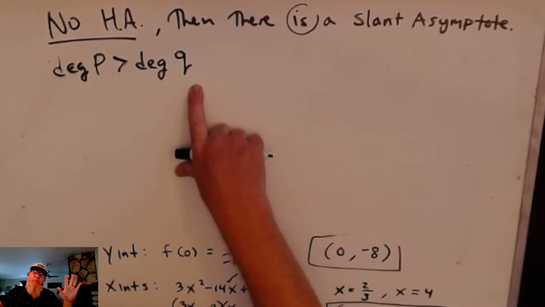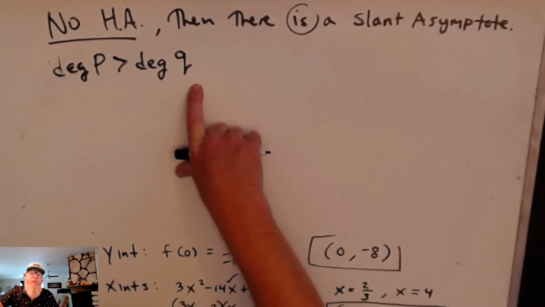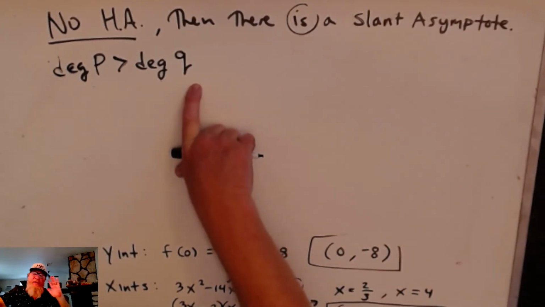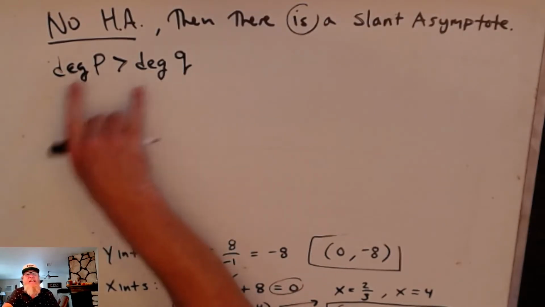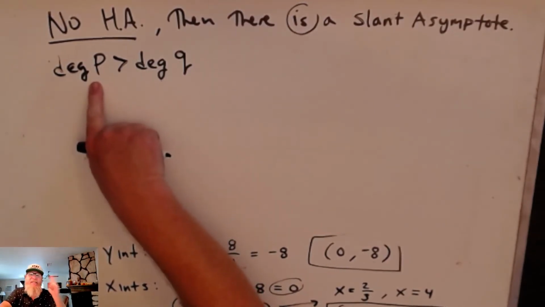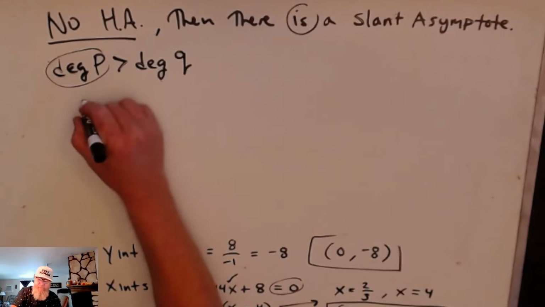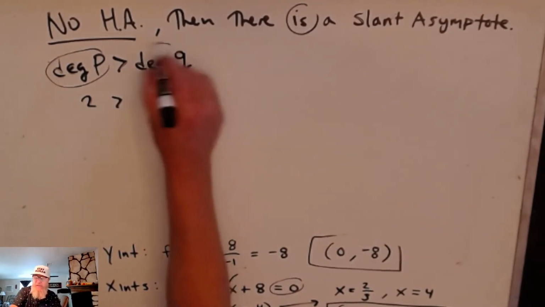For all practical purposes, that's the category that we're dealing with. Although there are more elaborate categories, at this point to introduce them would just be more trouble and more confusing than it's worth. So let's just take into consideration the numerator is going to be second degree and the denominator is going to be first degree.